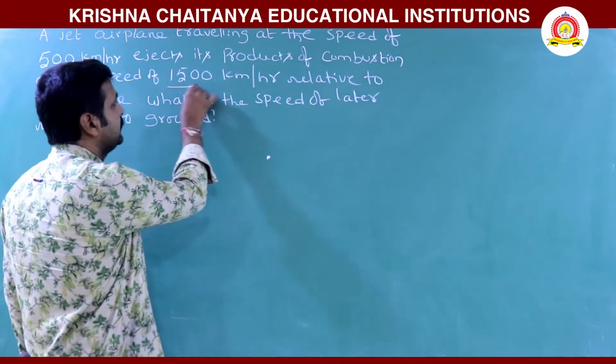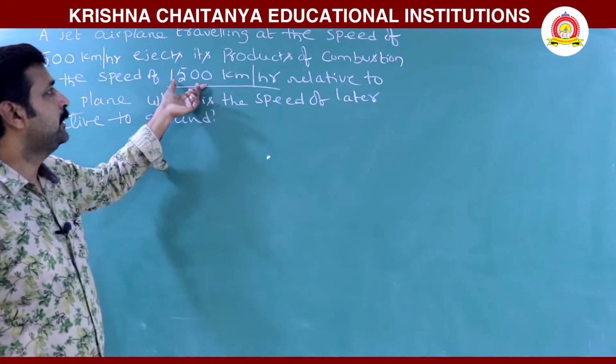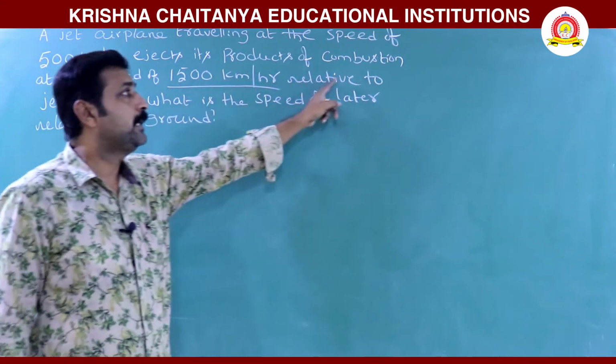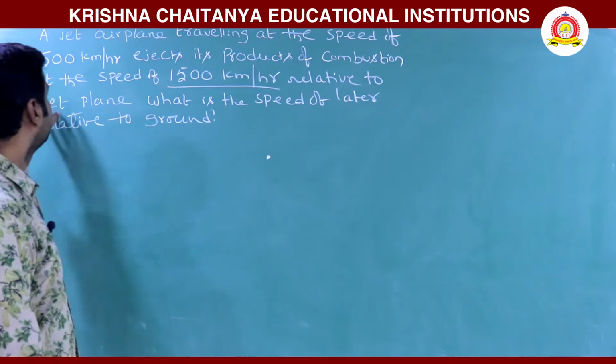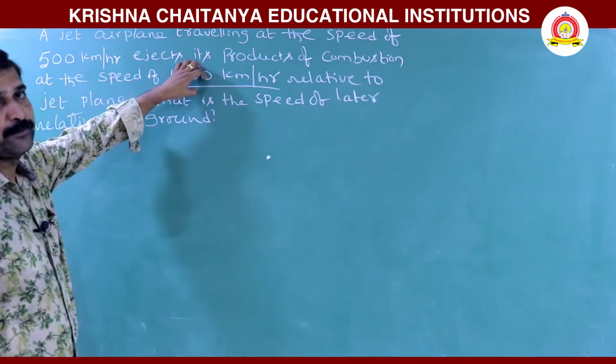The gases exhaust with a speed of 1500 km per hour relative to the jet plane. This speed is relative to the jet plane.